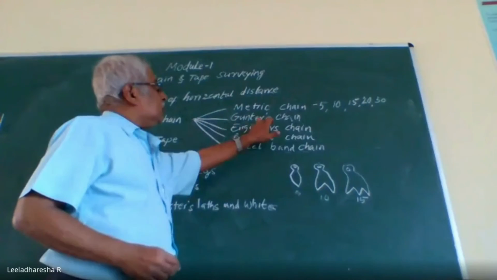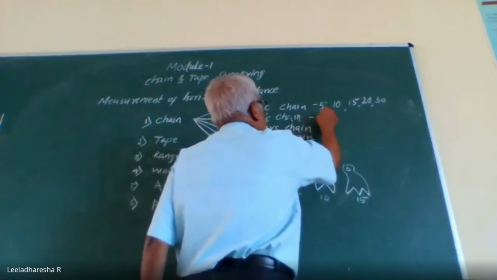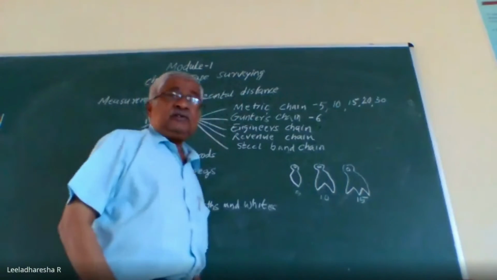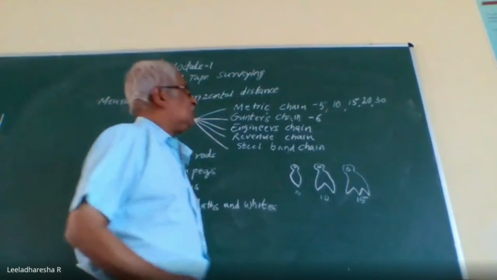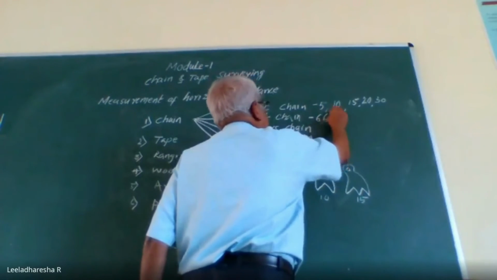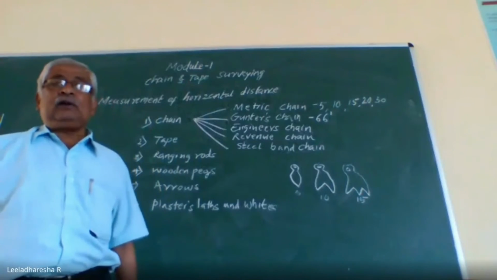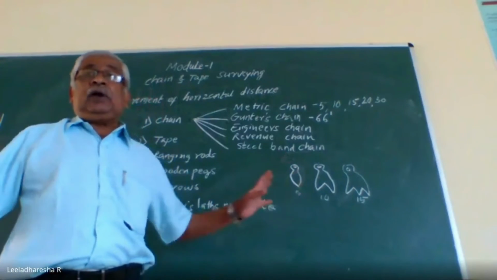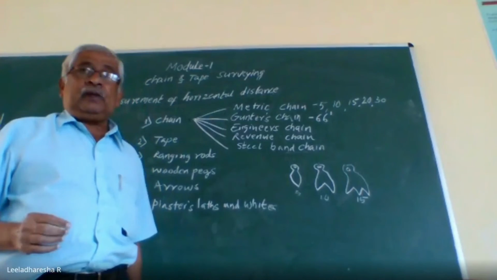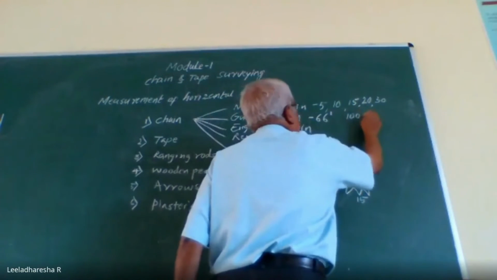Then coming to the next one, Gunter's chain. It is calibrated in the FPS system, that is feet and inches. So this Gunter's chain will be 66 feet long. Total length of the Gunter's chain is 66 feet, and it will consist of 100 links.